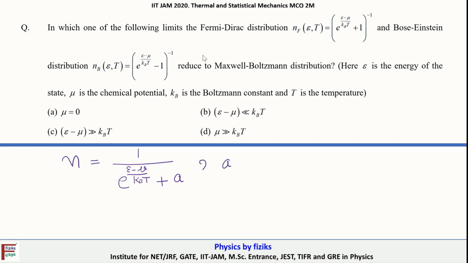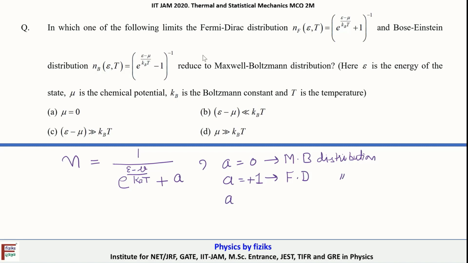When a is equal to 0, this corresponds to the Maxwell-Boltzmann distribution. When a is equal to plus 1, this corresponds to the Fermi-Dirac distribution.